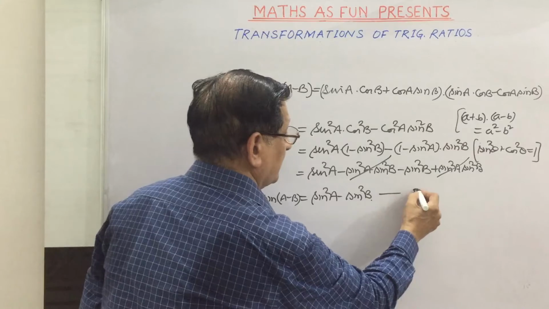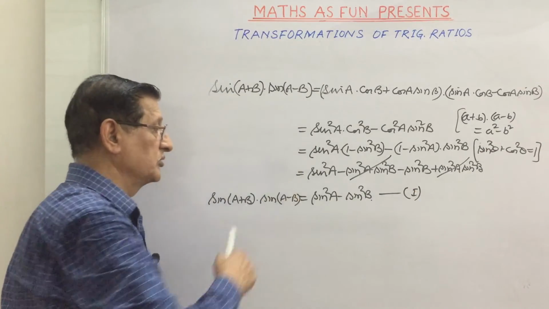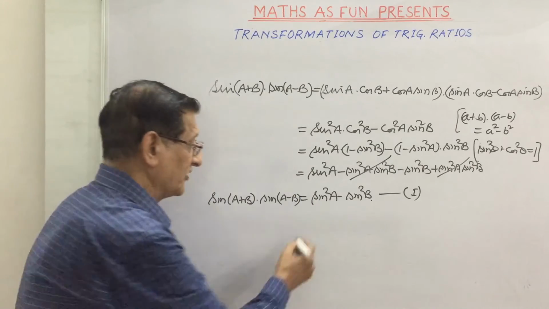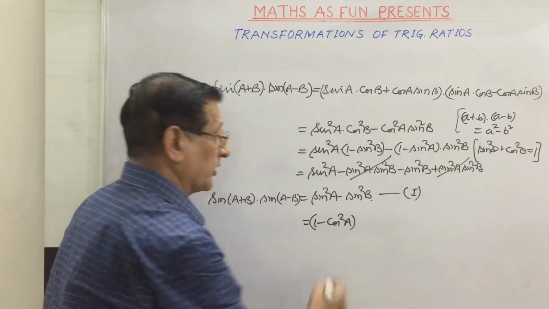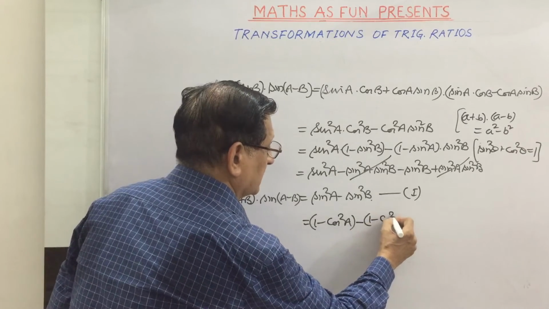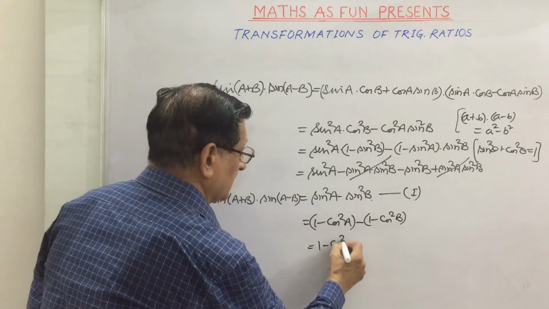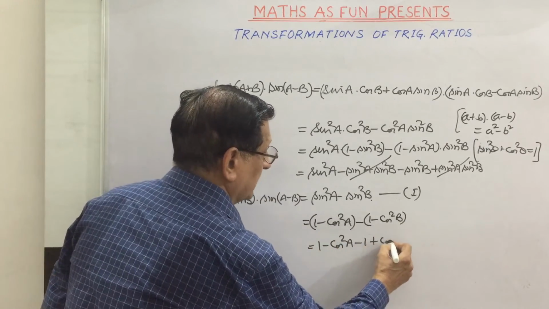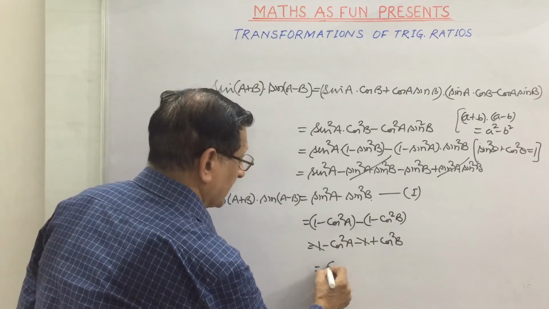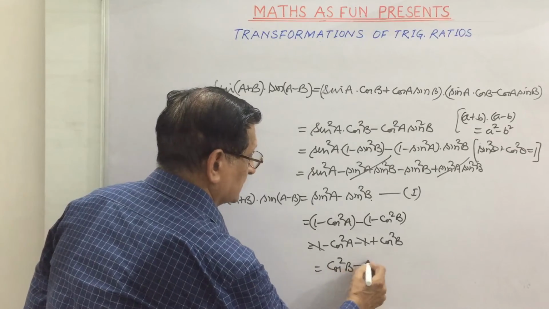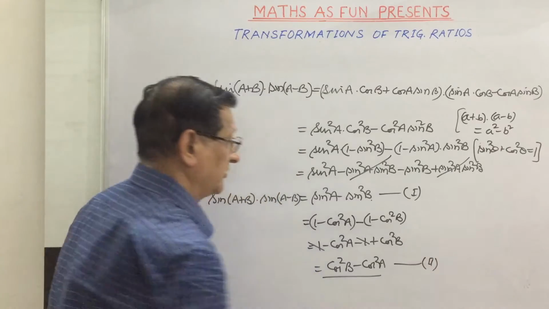This becomes the first formula for product of them. Now suppose I convert both into cos. We can write sine square A as 1 minus cos square A. We can write sine square B as 1 minus cos square B. Then we find it is 1 minus cos square A minus 1 plus cos square B. This 1 and 1 cancel and the formula becomes cos square B minus cos square A. This can be learnt as second formula.